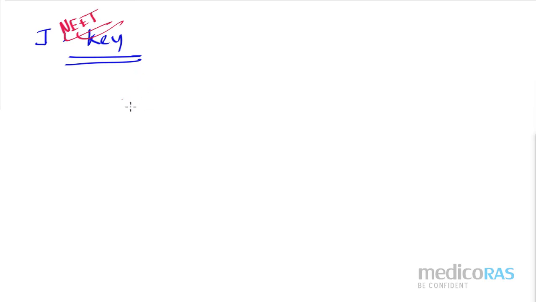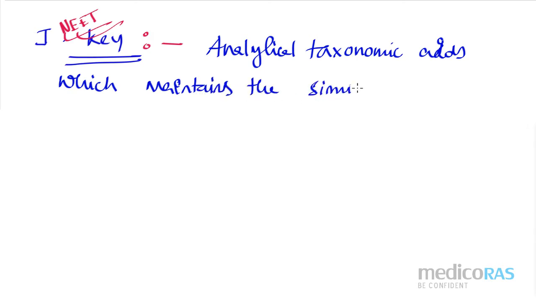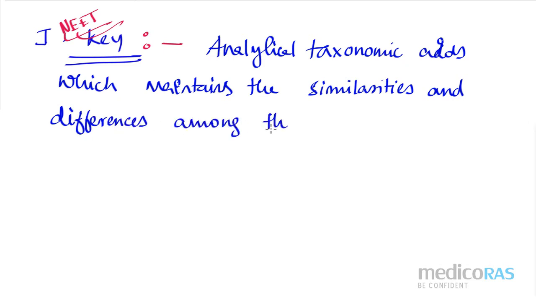Please write down: it is the analytical. This is the main word. The word analytical we should use for the key. Taxonomic aids which maintain the similarities and differences among the behavior.